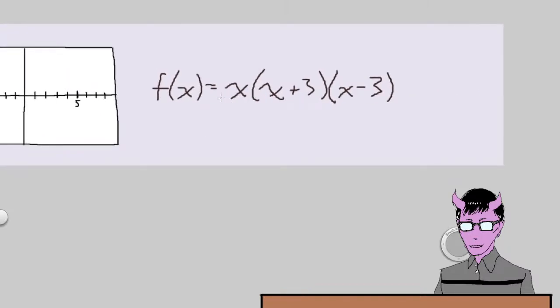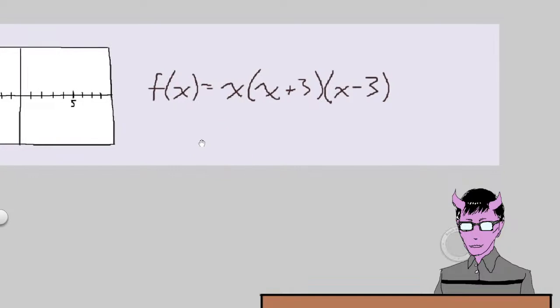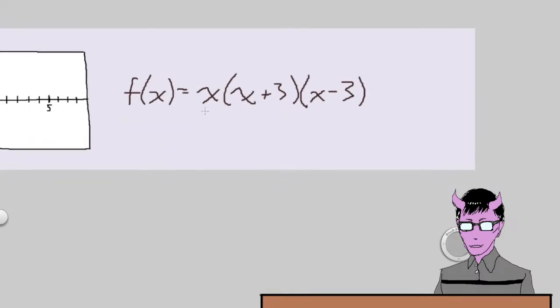So first question is, how many factors do we have? We have factor number 1, factor number 2, and then factor number 3. So again, how can we possibly make 0? Well, that's fairly easy for the first factor. If the factor here is 0, then it doesn't matter what the rest of these things are, because 0 times any discrete number is going to be 0.